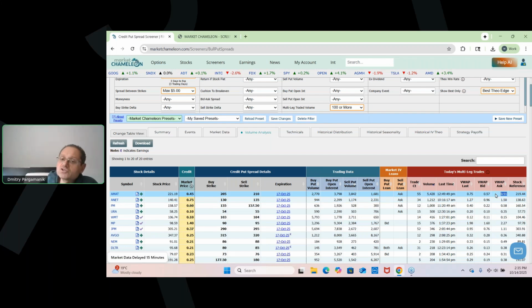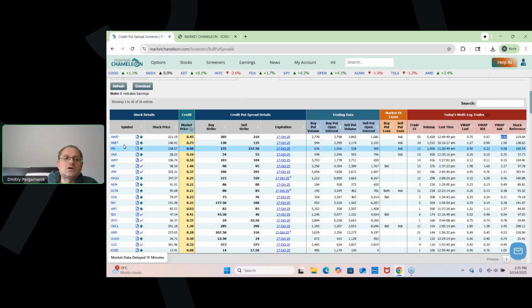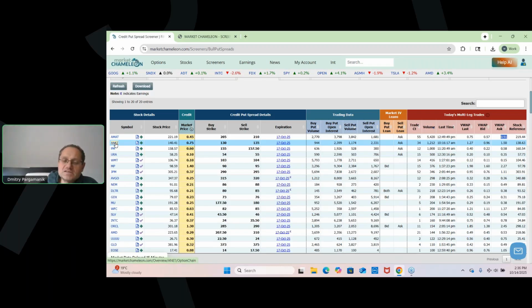So it's a wide market, but it's trading in between those bids and offers, right, with the reference price of 219.44. The next one, ANET, traded 1,212 contracts, traded 34 times today, for an average price of $1.27.